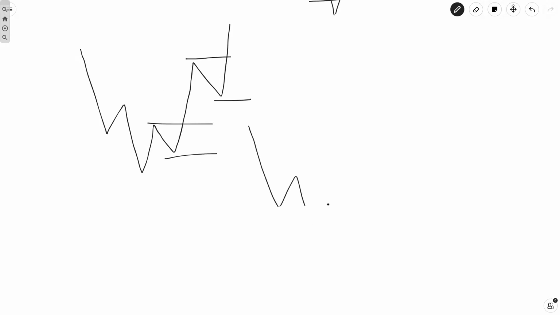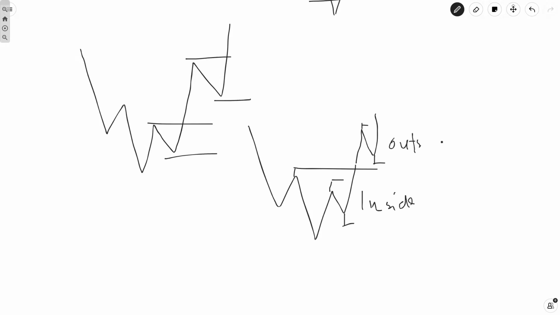So we need to have the confirmed shift and the formation. Now the formations can be formed either inside, before the shift, or outside, after the shift. This is what we call the inside formation. And if it's formed from the outside, we call it the outside formation. So once these are formed, we already know that the market has changed direction completely.